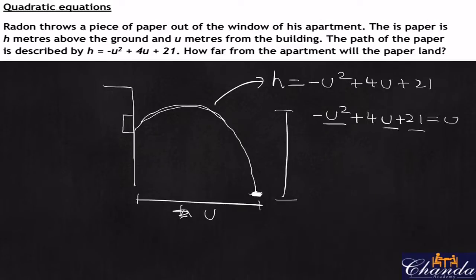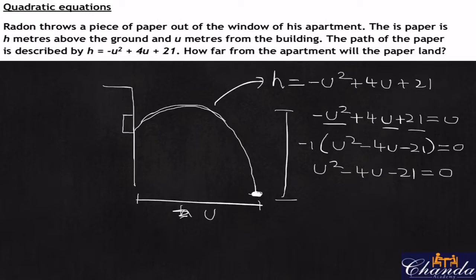Okay, so taking out negative 1 as a common factor, we have u squared minus 4u minus 21 is equal to 0. Now, the factor combination that works to give us a negative 21 is negative 7 and positive 3.